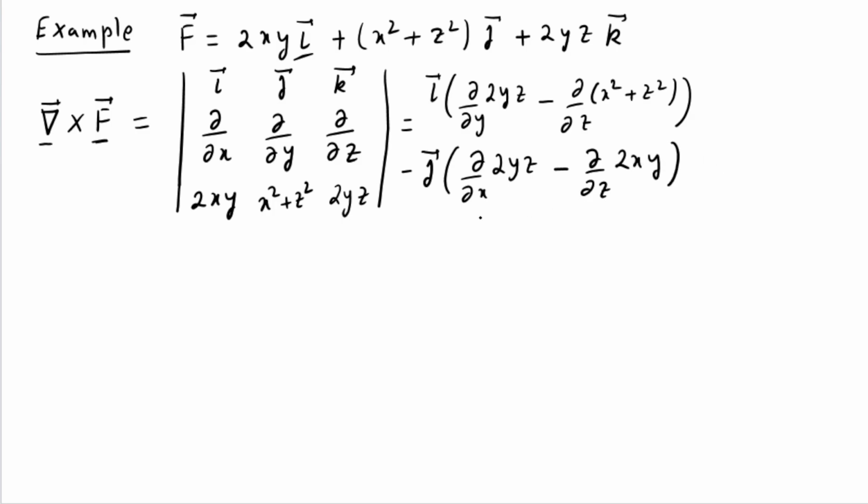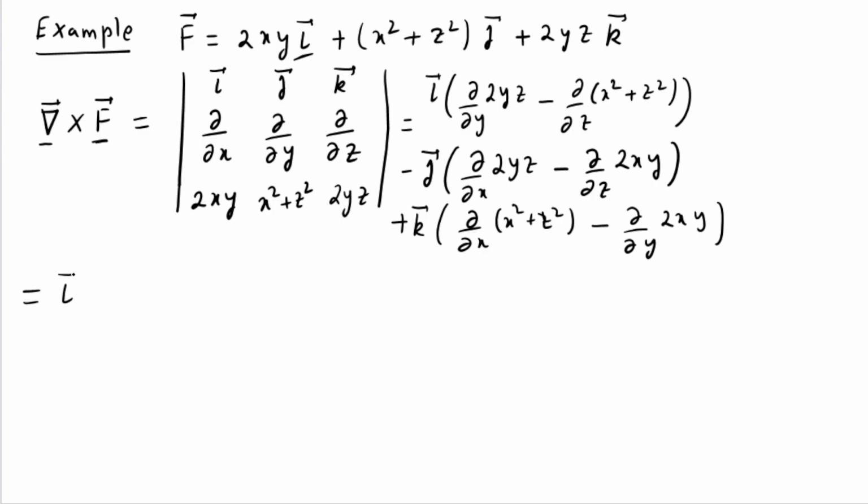Then finally we have the k component: dou by dou x of x square plus z square minus dou by dou y of xy.